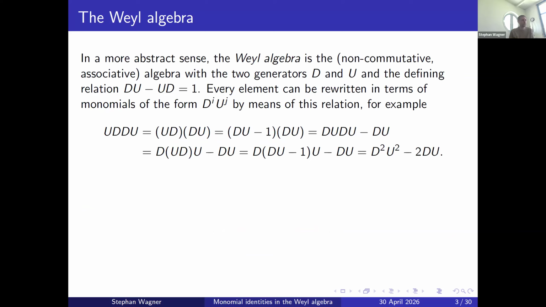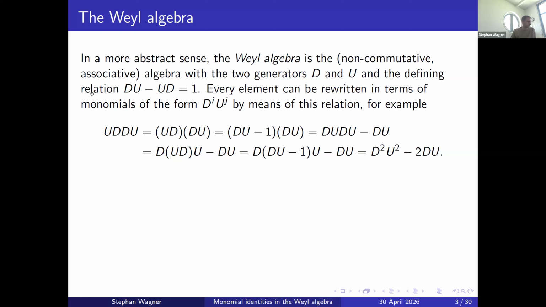That's what distinguishes it from the free algebra, where d and u just do not commute and there are no further relations at all. It turns out that using this relation, you can write every element in terms of a standard basis of the form d^i u^j.